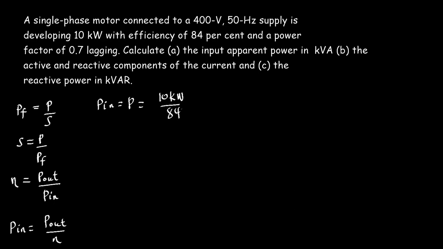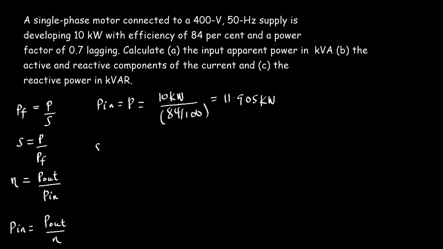84% is like 84 divided by 100. So let's simplify this and see what you get. You're going to get 11.905 kilowatts. This will be the active power. Now that we know the active power, we can find the apparent power.